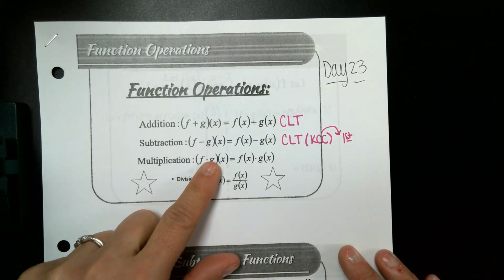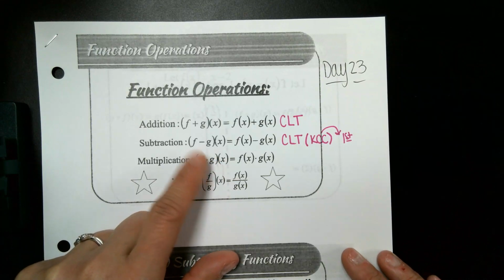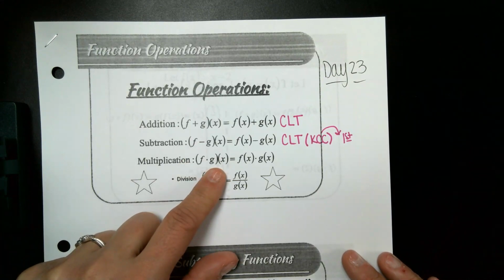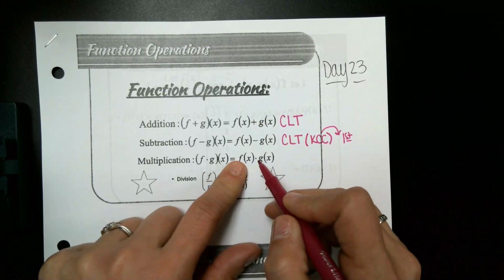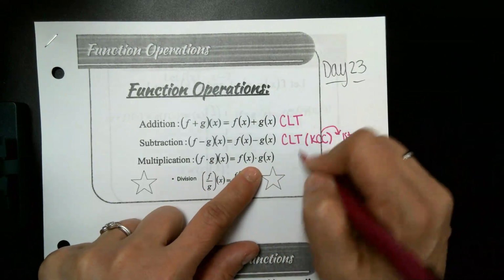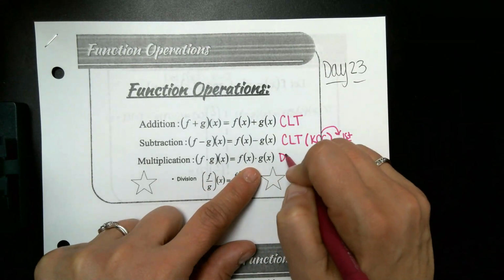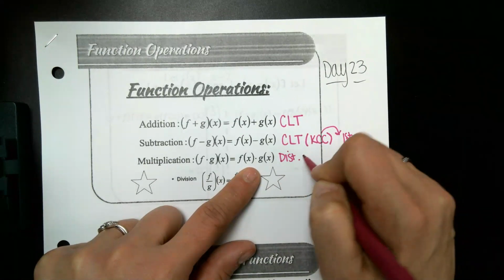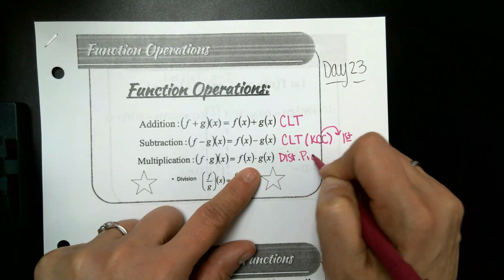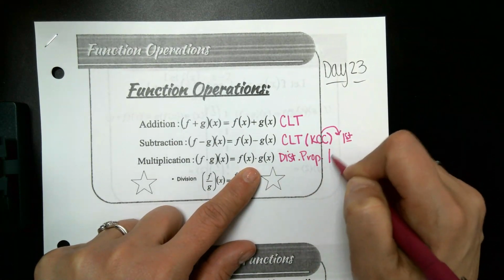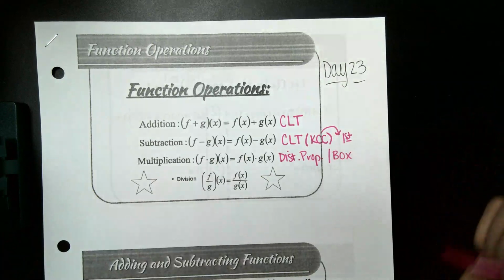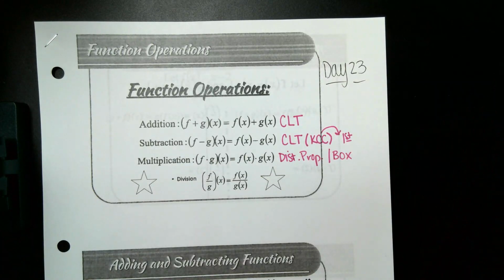Multiplication: if you see this little dot between the f and the g, that means multiply function f with function g. That is basically just the distributive property, or you might make a box problem. You might have to do a 2 by 2 to do your multiplication.